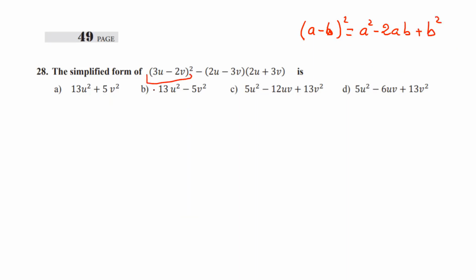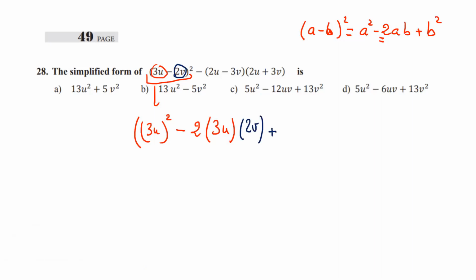So this can be simplified as the first squared, so 3u squared, minus 2 double the first times the second term 2v, plus 2v squared. This is the first. The second is another type, a minus b times a plus b. This is also a special product. It gives the first squared minus b squared.